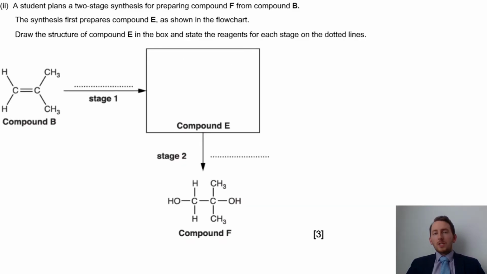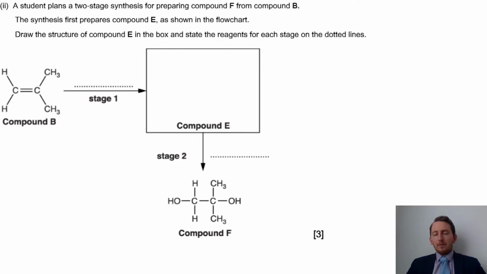Next, we have a two-stage synthesis. We're going from compound B to E, in which we need the reagents for stage 1, then the structure for E, and then the reagents to go from compound E to F. Again, you have to look at where you're starting and where you're finishing up at compound F. So I know that I'm not going to have that double bond to the carbon.